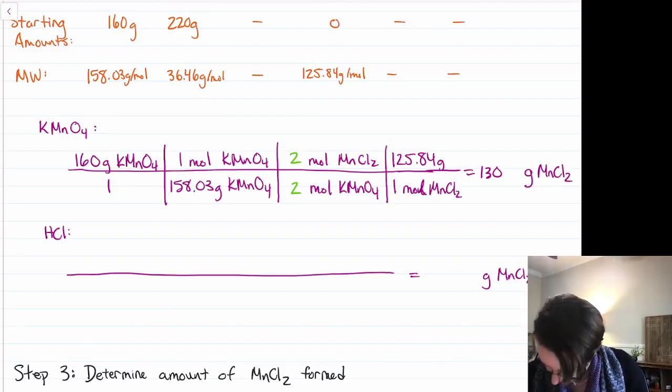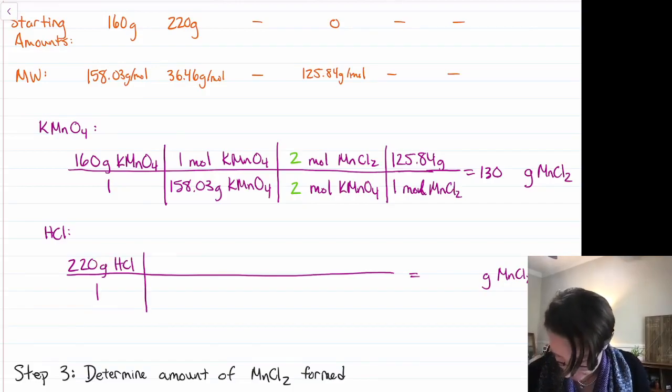So for HCl, we're starting off with 220 grams of HCl. You can just put that over 1 since it's an extensive quantity. And the molecular weight of HCl helps us do a grams to moles conversion.